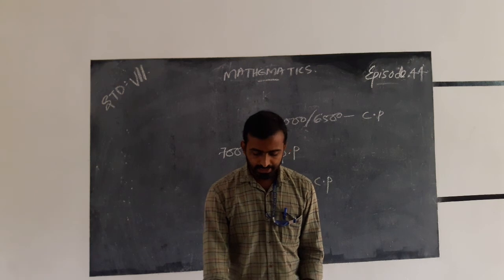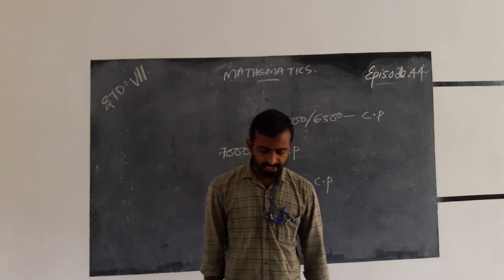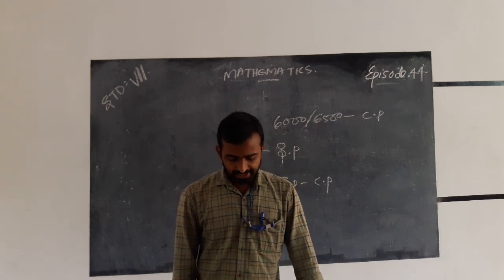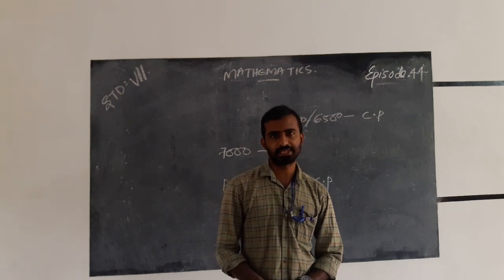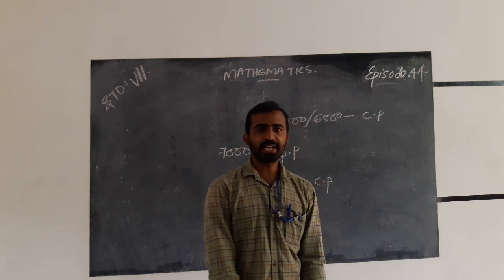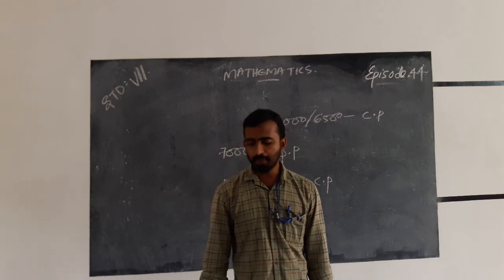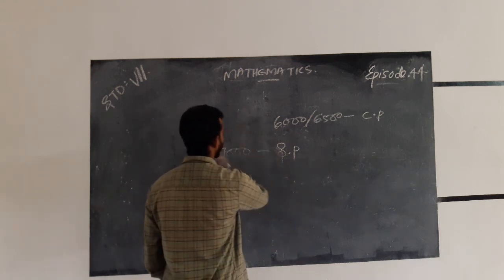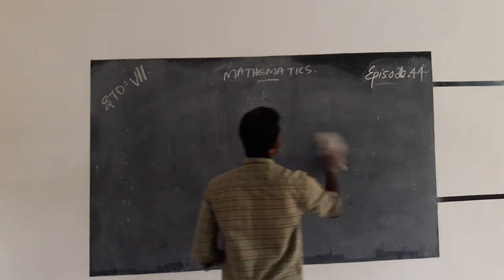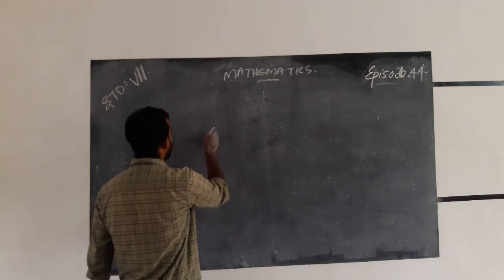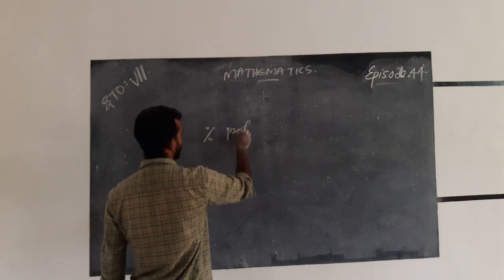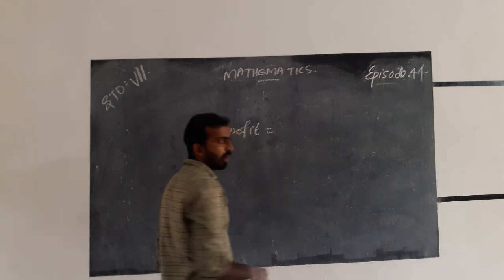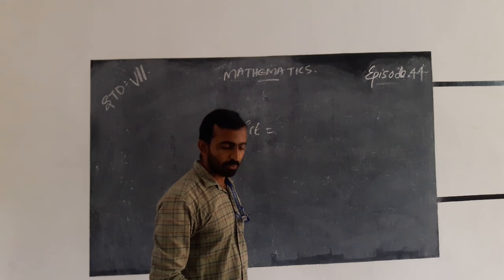Next we are going to take profit or loss as a percentage. The percentage of profit is equal to profit divided by cost price into 100.